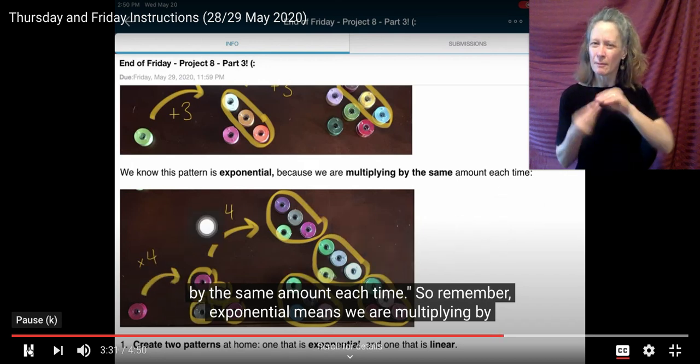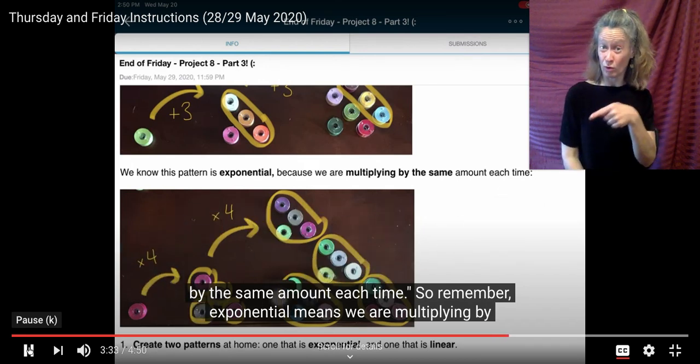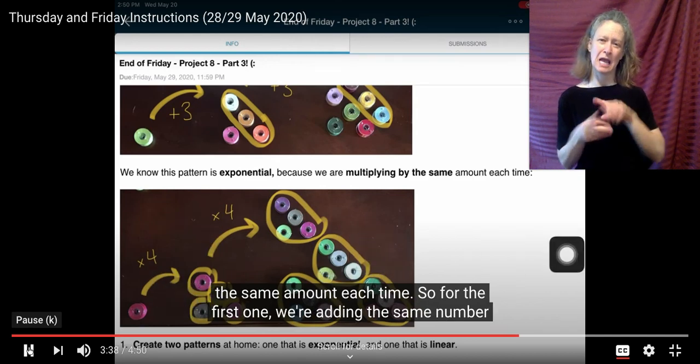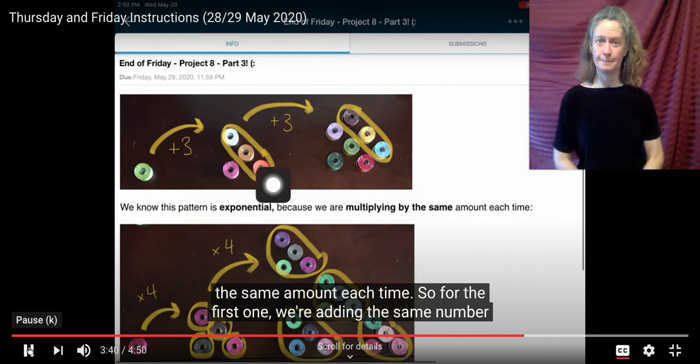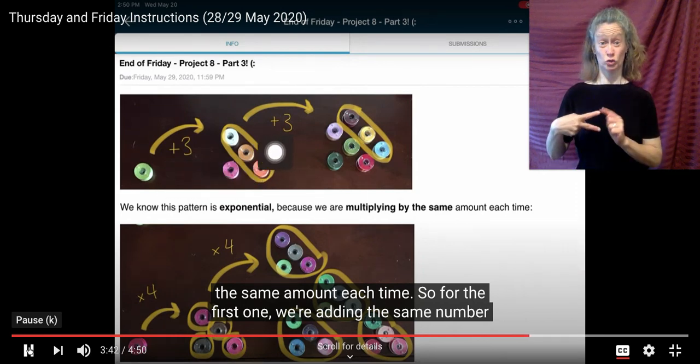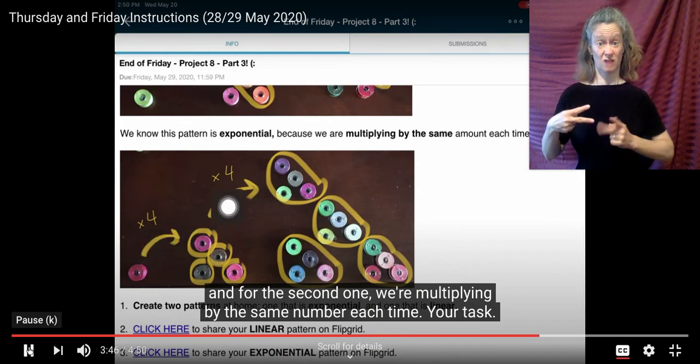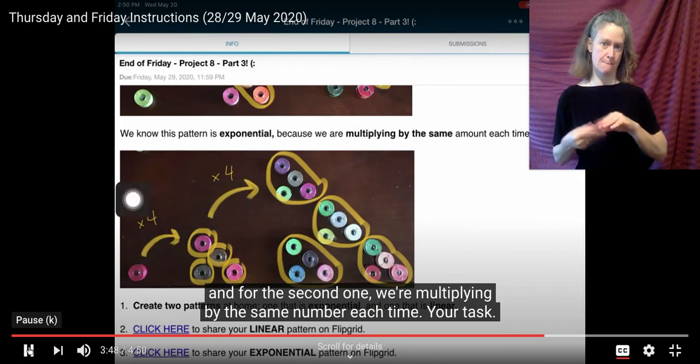So remember, exponential means we are multiplying by the same amount each time. So for the first one, we're adding the same number, and for the second one, we're multiplying by the same number each time.